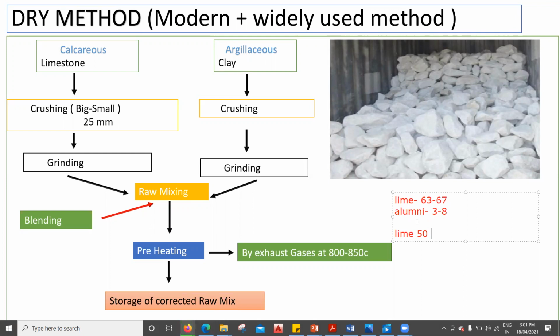If the lime percentage is close to 50%, the cement is not going to set quickly, because the percentage should be between 63 and 67. So we need to add some lime so that the percentage falls between 63 and 67.